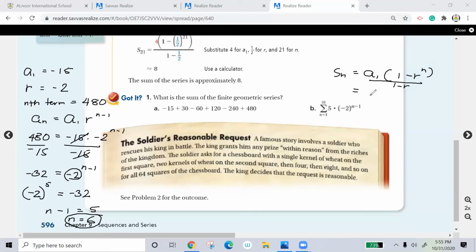What is our A sub 1? Our A sub 1 is our first term, which is negative 15. So negative 15 times 1 minus, what is our R or the common ratio? Okay, negative 2 raised to, what is our n? 6.